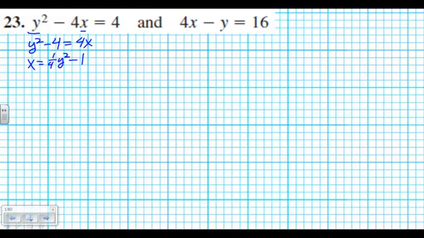Now, getting it in this form, we know what direction this parabola opens: to the right. When it's positive, it opens to the right, where x gets bigger.